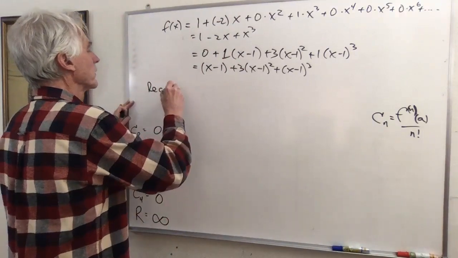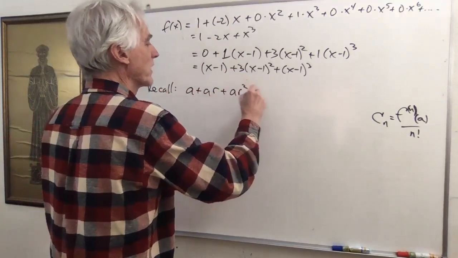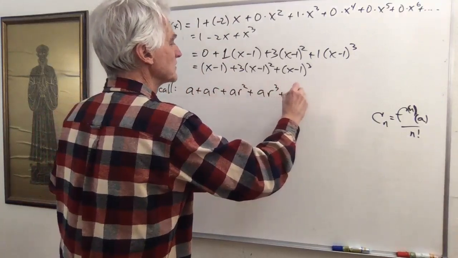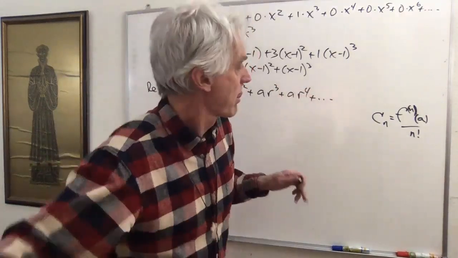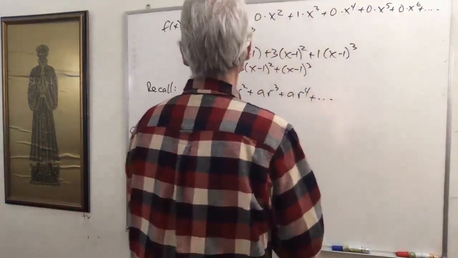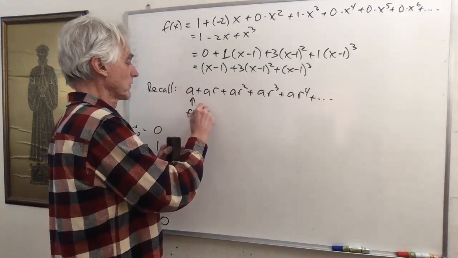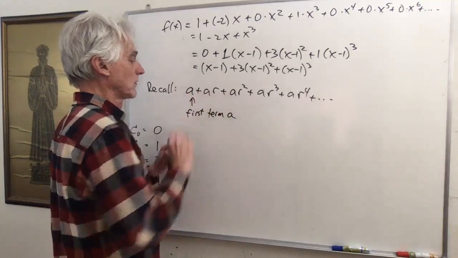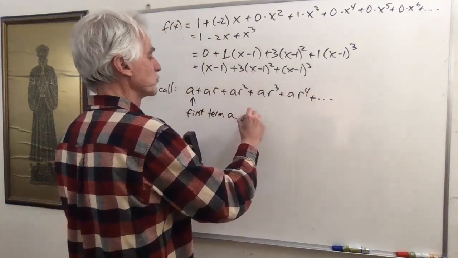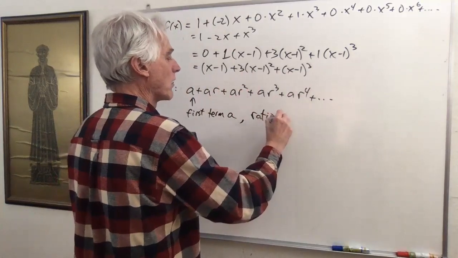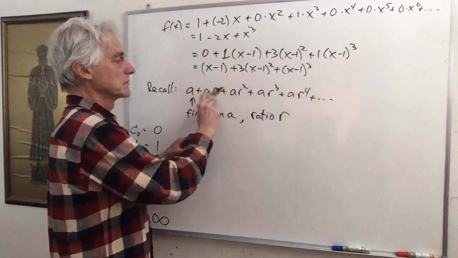You might remember that if I have A plus AR plus AR squared plus AR cubed plus AR to the fourth plus dot dot dot, this is a geometric series, first term A, and it has ratio R. So every term is R times the one before it.